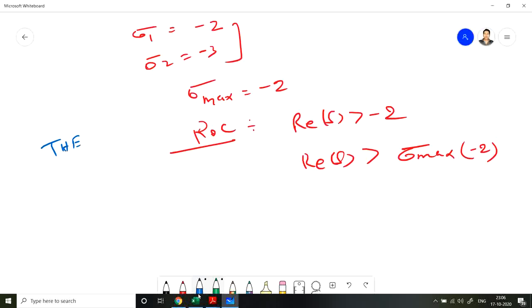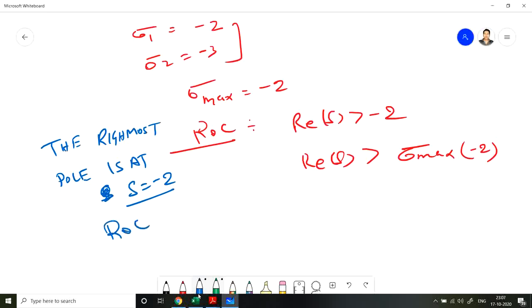The rightmost pole is at s equals minus 2, and so the ROC is real part of s greater than sigma max, that is, real part of s greater than minus 2.